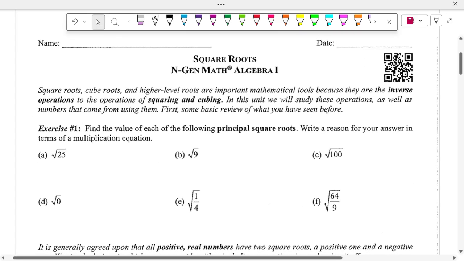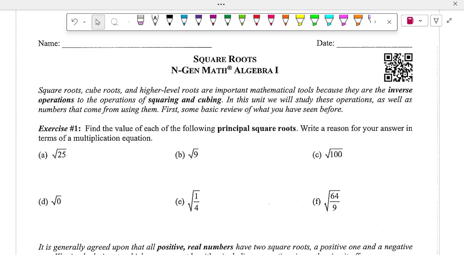Square roots. All right. What's the connection between square roots and quadratics? Why do we care about square roots when it comes to quadratics? Well, they're in the quadratic formula, but why would they be in the quadratic formula? It's the opposite of squares. That's the main reason.